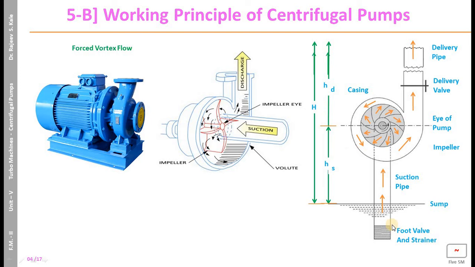Whatever water comes through the suction pipe at the eye of the pump, water gets rotated with the help of the prime mover, the electric motor attached to the shaft of the pump.